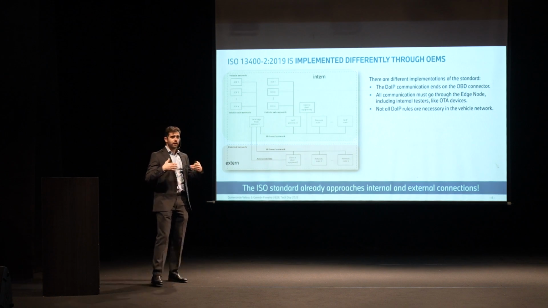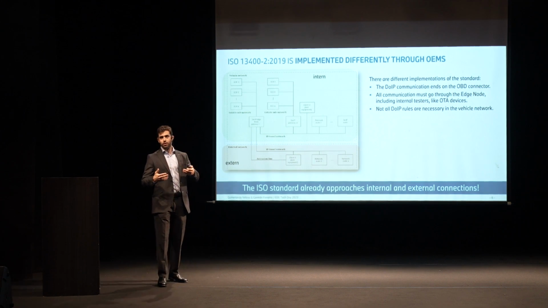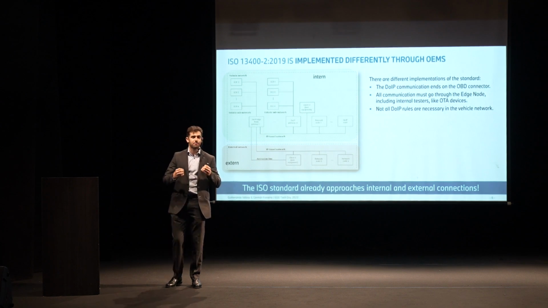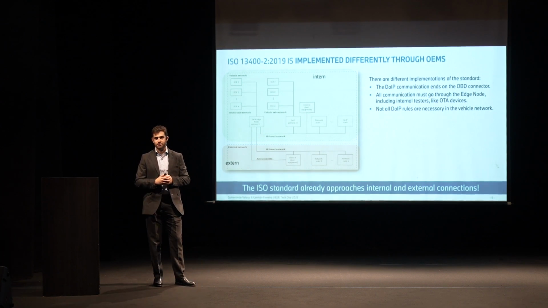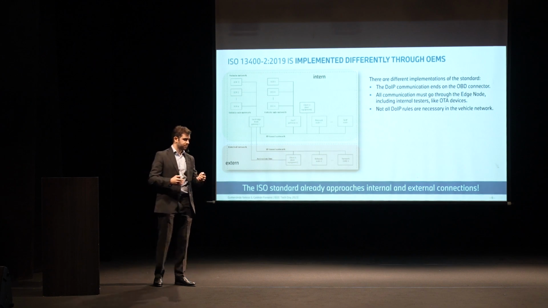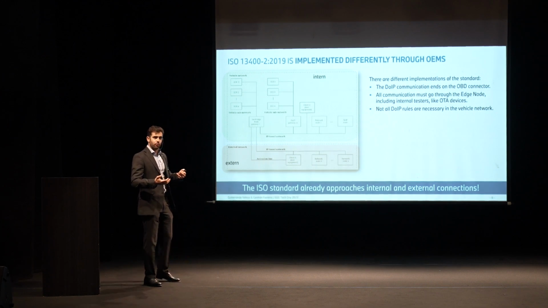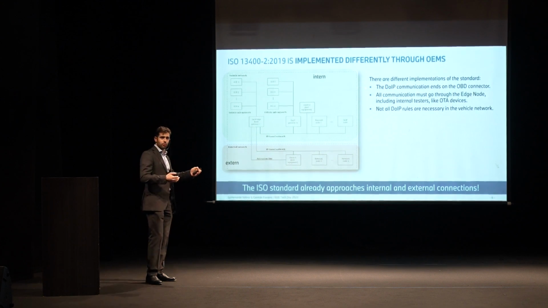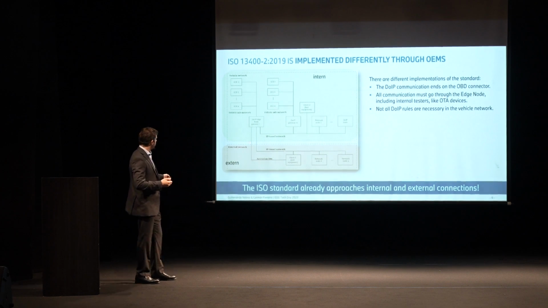So what we found out when we were working on the protocol with other OEMs to enhance it is that the protocol is implemented differently across the OEMs. What I mean by this? So there are different approaches by the other OEMs. For example, some of them think, well, the DoIP communication is just going through the external network and it's ending on the OBD connector.